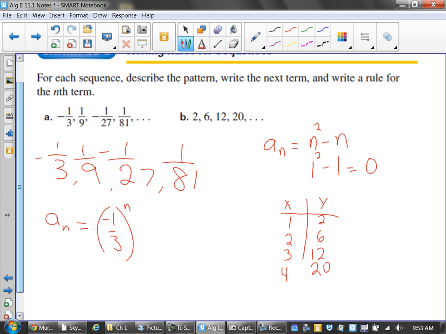See if you can build with that. Where are you at? Is it n squared plus n? So if it's n squared plus n, that gives me 2, and so on.